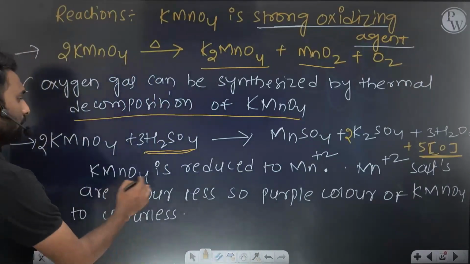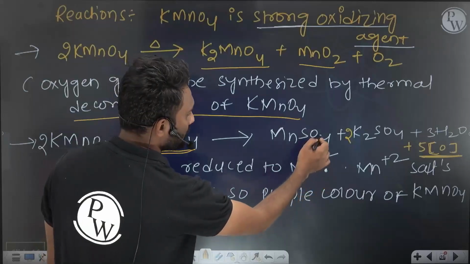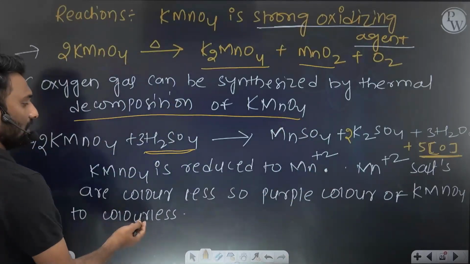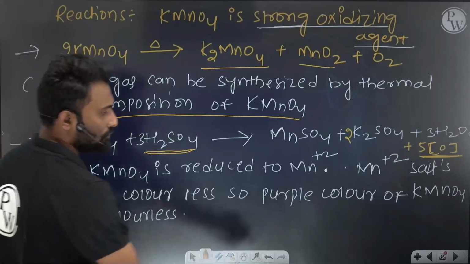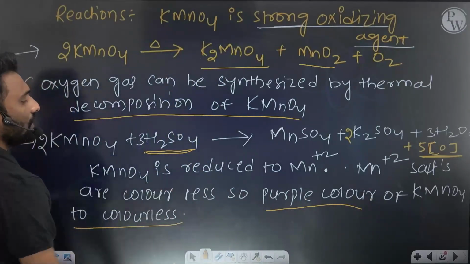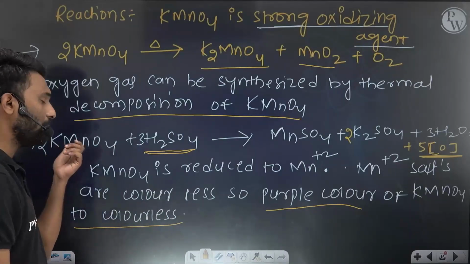Look here, KMnO4 is reduced to Mn plus 2 salts. These Mn plus 2 salts are colorless. So the purple color of KMnO4 changes to colorless. KMnO4 is purple; in the electrolysis method we saw green color converting into purple color.